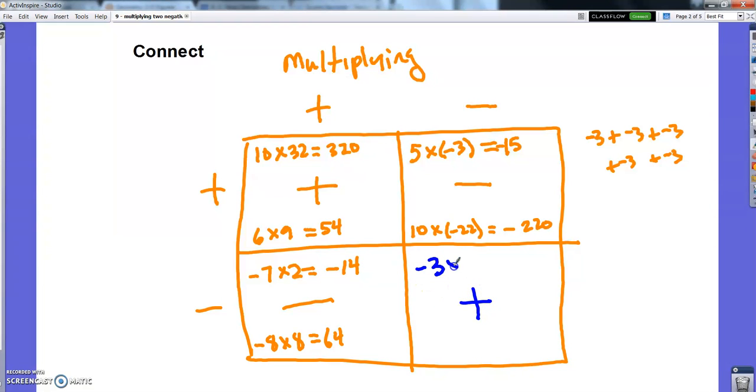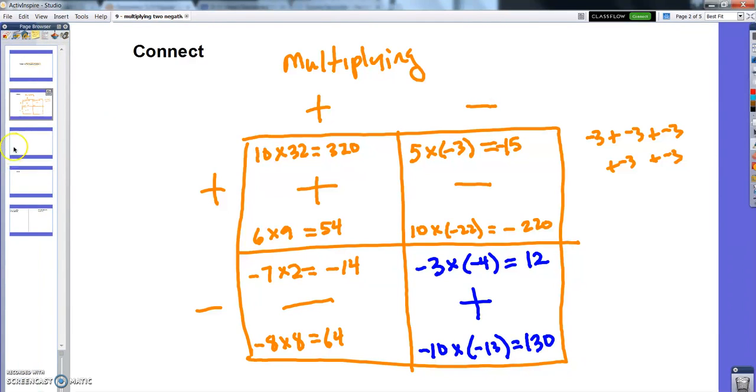Negative 3 times negative 4, negative times a negative is positive 12. And negative 10 times negative 13 is positive 130, which doesn't seem right, but it is.